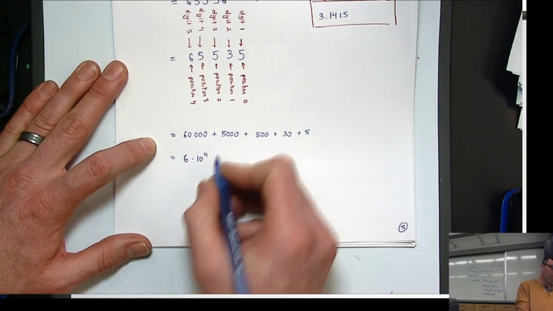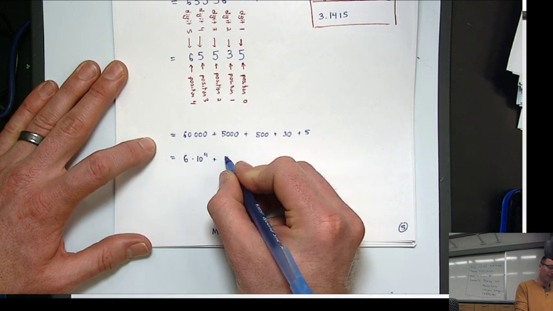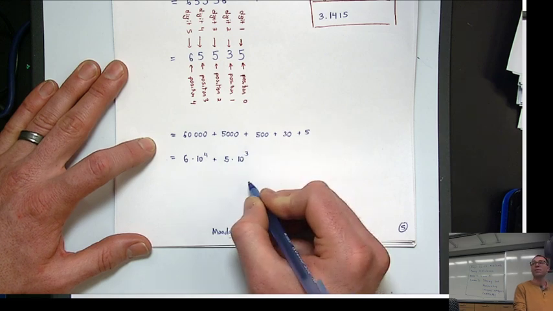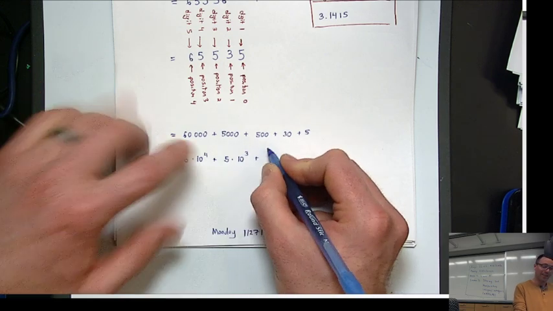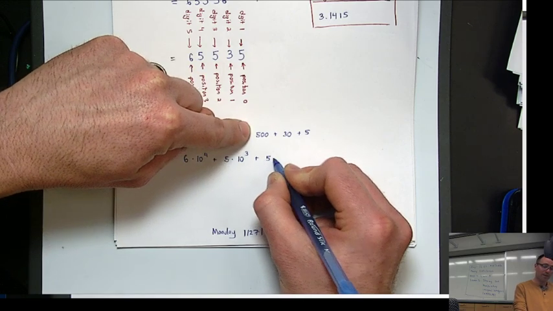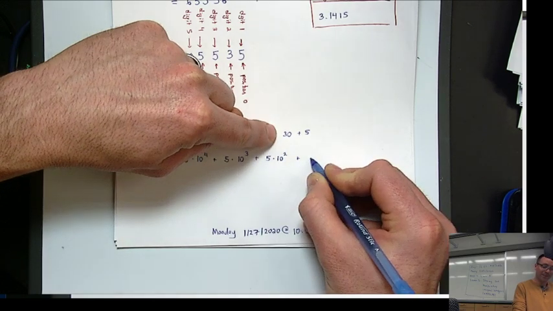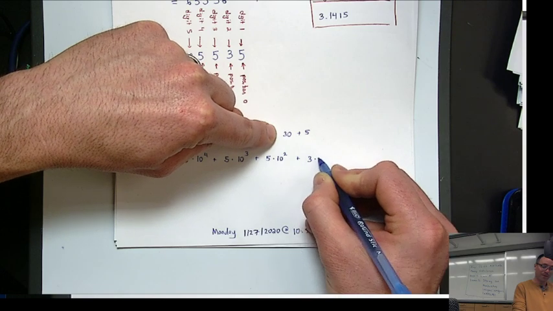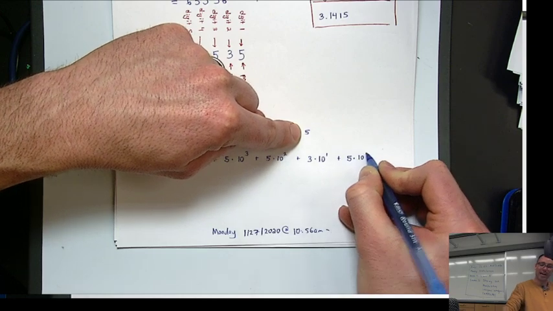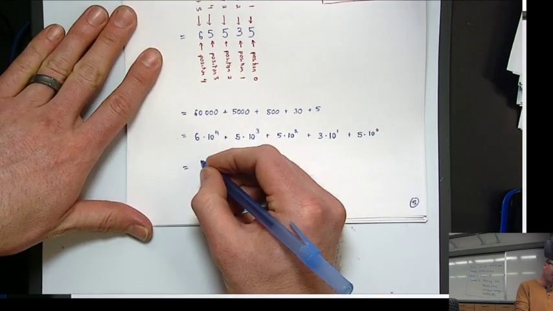No? Plus 5 times 10 to the 3 plus... and then this is what we call candy for the observers.